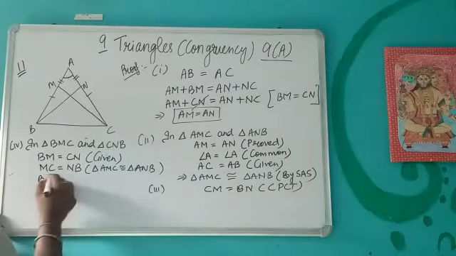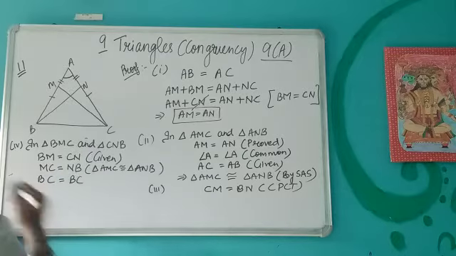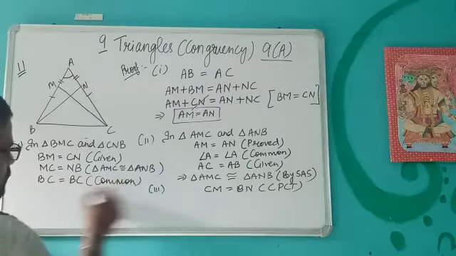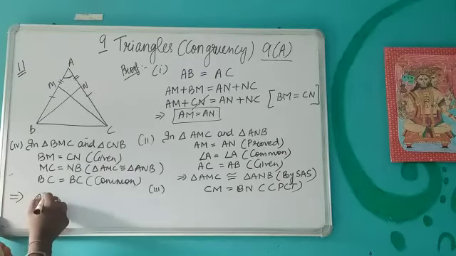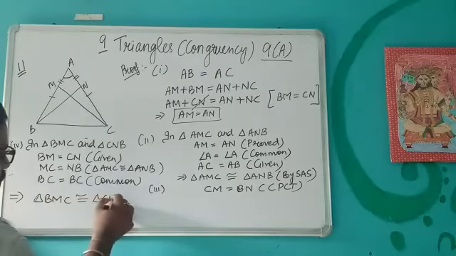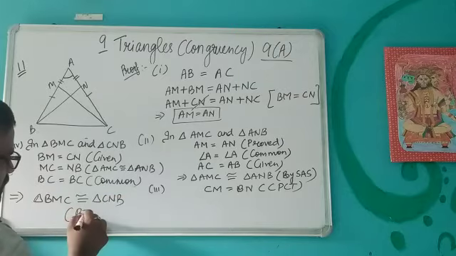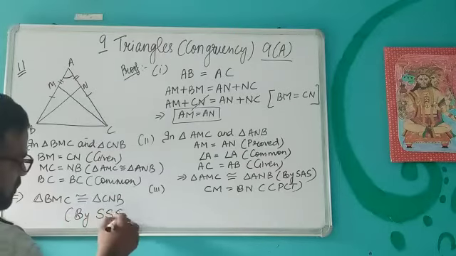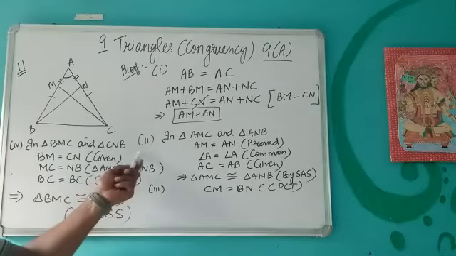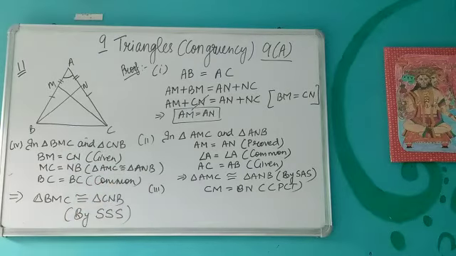Then BC equal to BC, this is the common side. So we can say that triangle BMC is congruent to triangle CNB by which criteria? All the three sides are equal, by side, side, side. Since all the three sides we have proved as equal, these two triangles become congruent by side, side, side criteria.